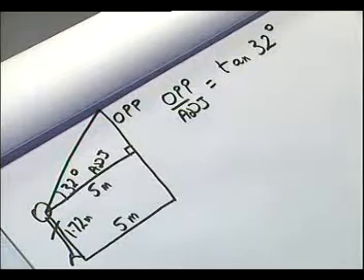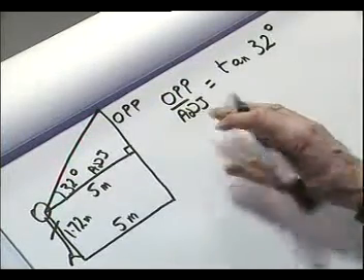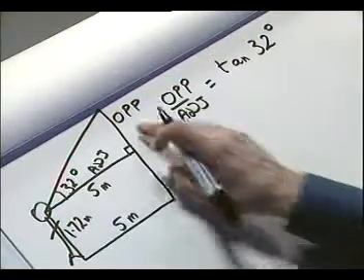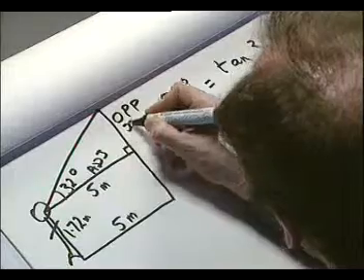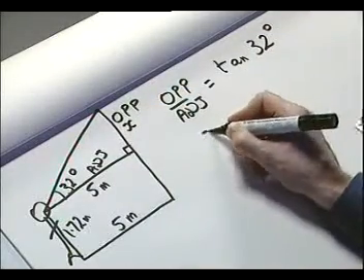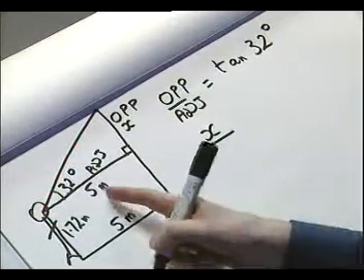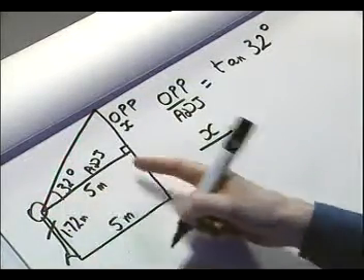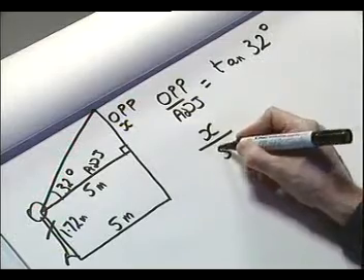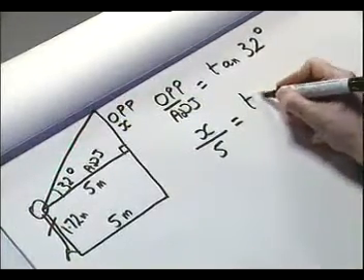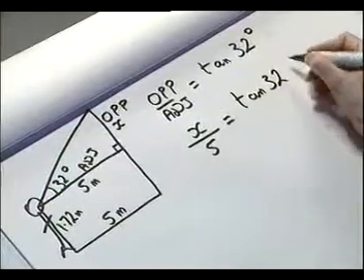We're in a position now to be able to solve this, to be able to substitute in values that we know and placeholders for those that we don't know. So the opposite side, let's call that x. And so that's x for the length of the opposite side over 5 metres, the length of the adjacent side, equals tan 32.